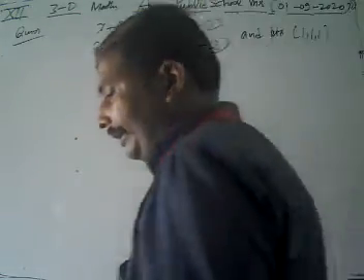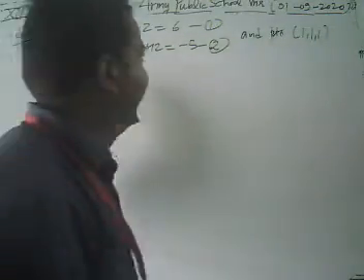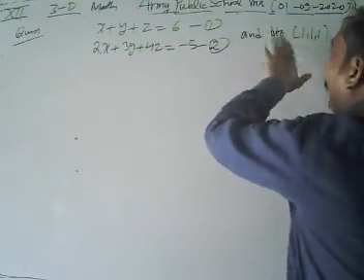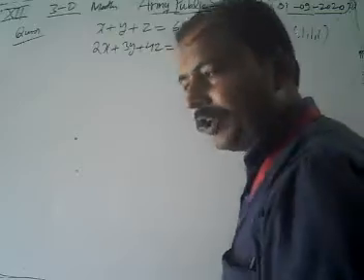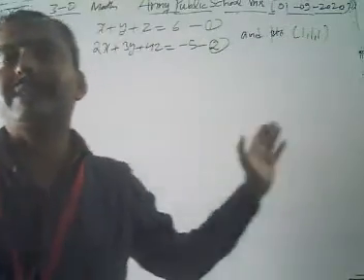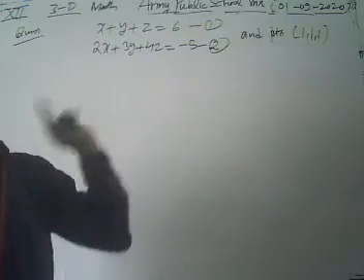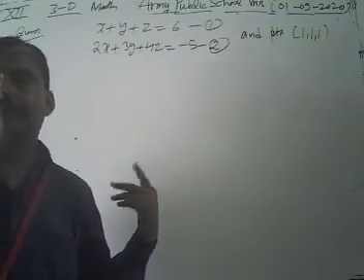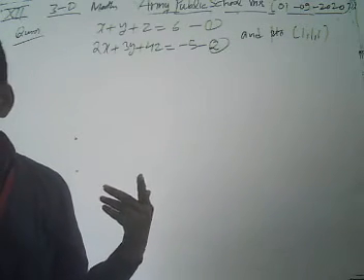We have to find the equation of the plane which passes through the intersection of these planes and the point 1, 1, 1. So what is the Cartesian form of the equation of the plane passing through the intersection of the given two planes?